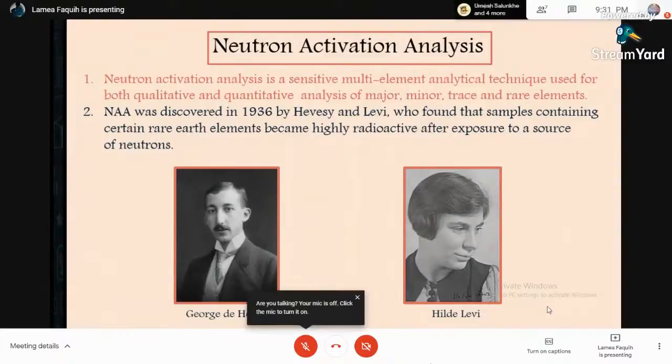This was actually discovered accidentally by two scientists, Hevesy and Levi. They were studying some of the rare elements present in the earth by irradiating them with a strong radioactive source, and they ended up finding out that this could be a technique to understand the elements present in the sample.